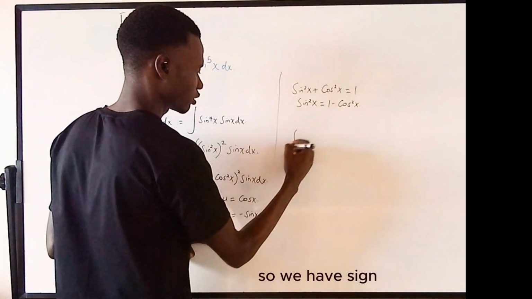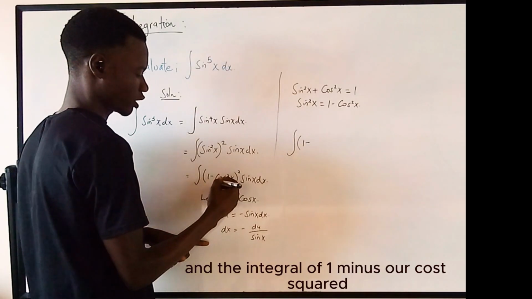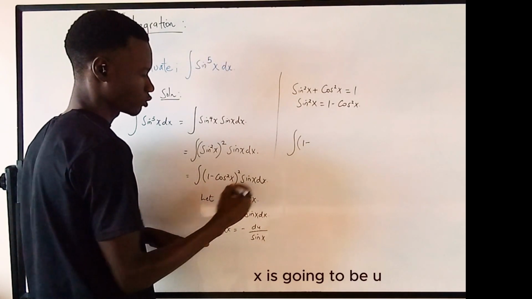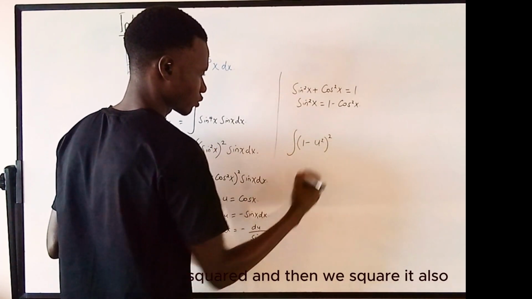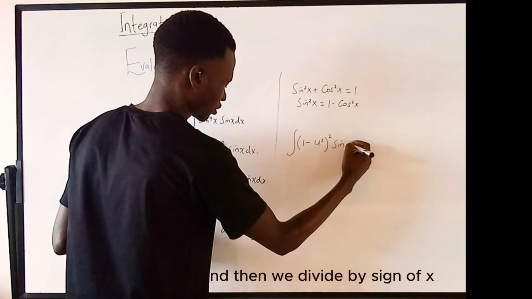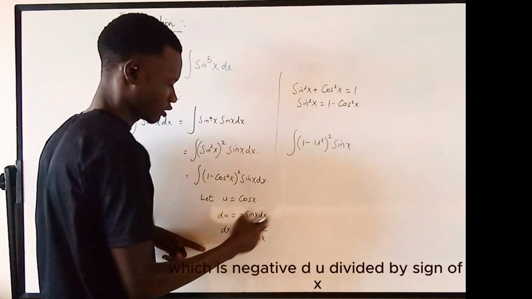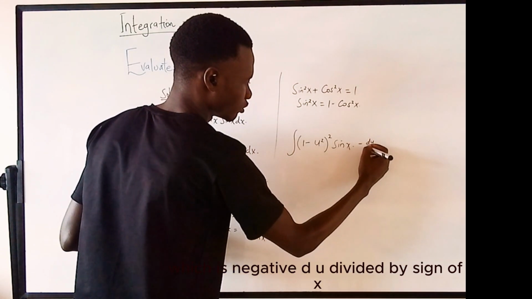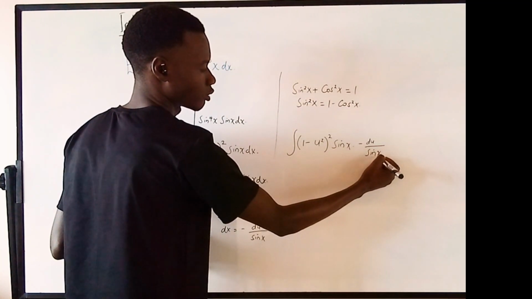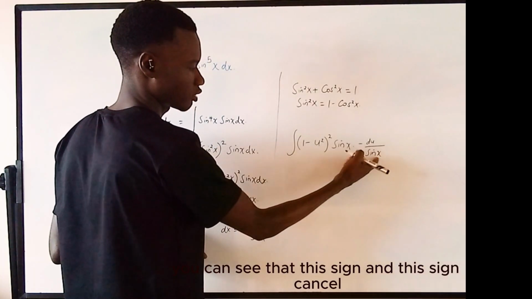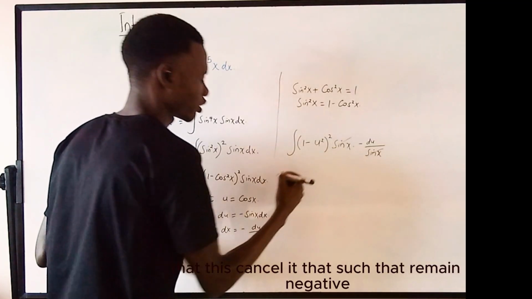So we have the integral of 1 minus our cos squared x, which is u squared, and then we square it also, and then we multiply it by sin of x, and then we multiply it by the value of dx, which is negative du divided by sin of x. So from here, you can see that this sin and this sin are going to cancel.